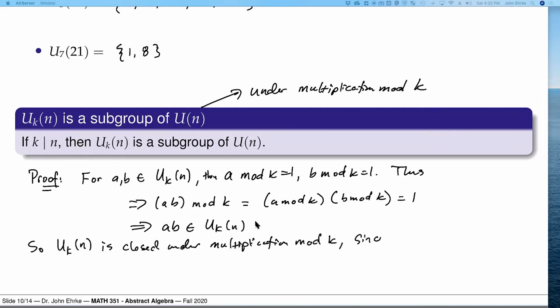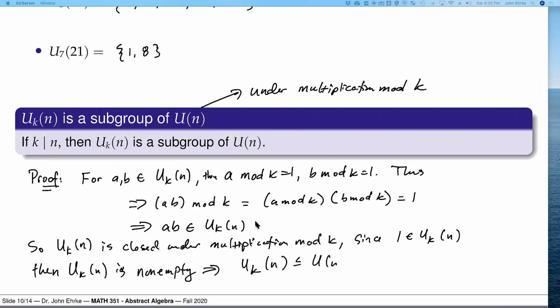And since 1 has to always be in these sub k groups because you're equivalent to 1 mod k, U sub k of n is non-empty. So if you have closure and you're non-empty, then that implies that U sub k is a subgroup of U sub n by the finite subgroup test.